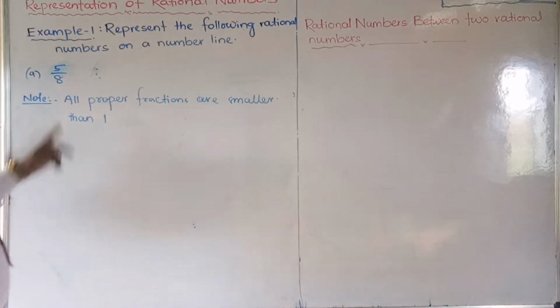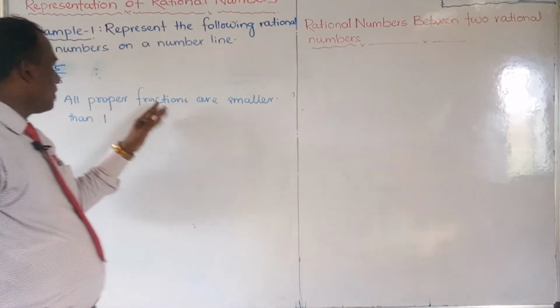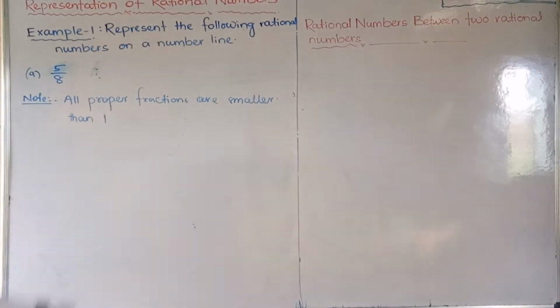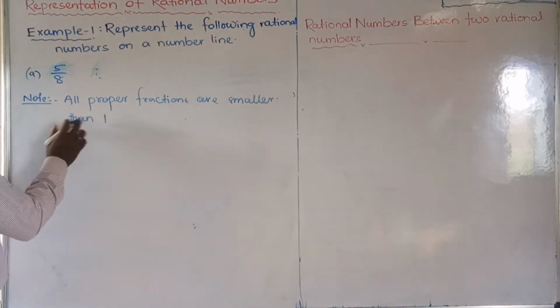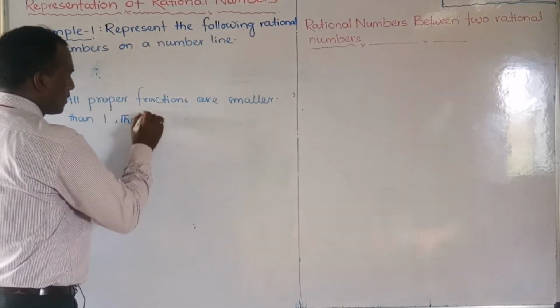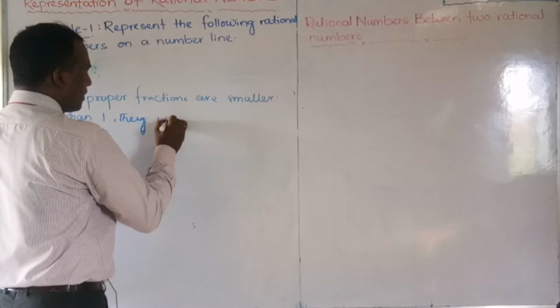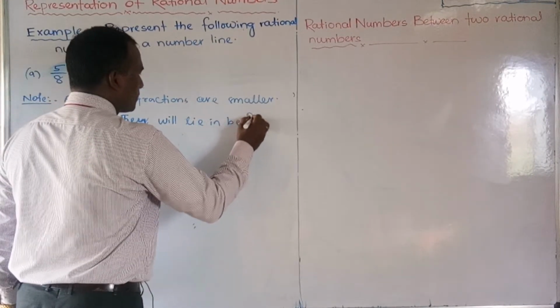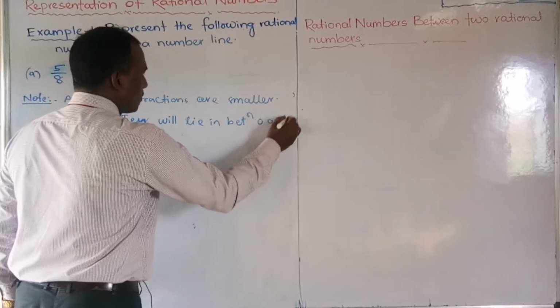Always remember, all proper fractions are smaller than 1. So they will lie between 0 and 1.